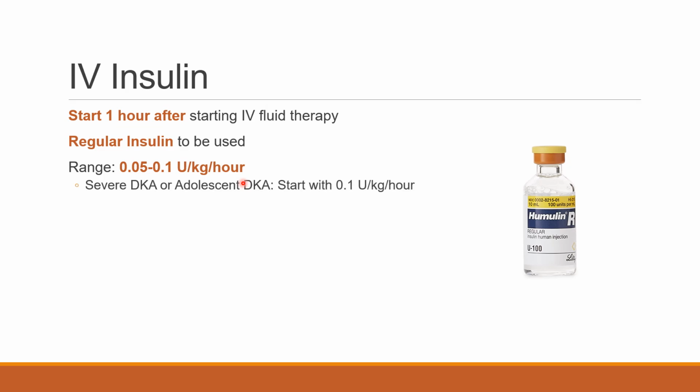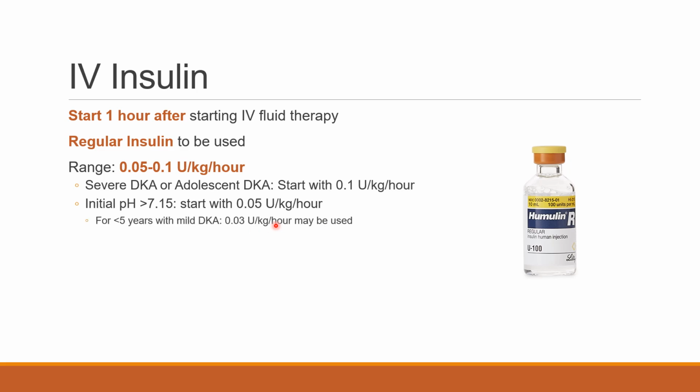But there are some special situations in which severe DKA is present or the adolescent patient has DKA. We have to start at a higher dose, 0.1 unit per kg per hour, because the patient has a higher risk of developing morbidity and mortality. If the initial pH is more than 7.15, that means mild to moderate DKA, you can start at a lower dose, that is 0.05 unit per kg per hour.